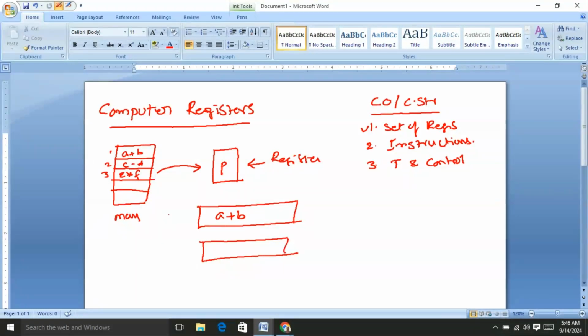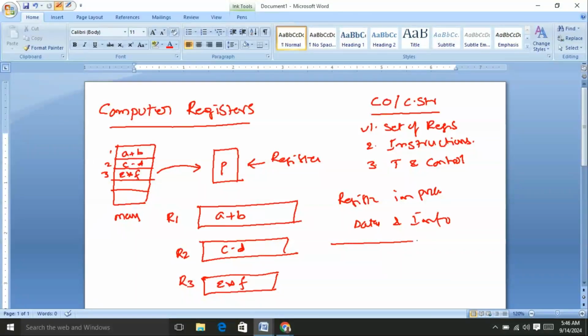For example, the first instruction a plus b is stored in the R1 register, the second instruction c minus d is stored in R2 register, and the third instruction E star F is stored in the third register. So first we can remember that registers are in the processor. They contain data and information.